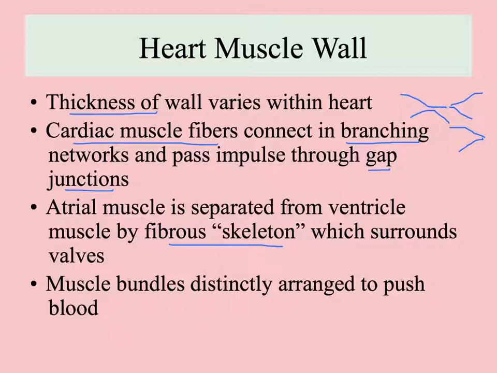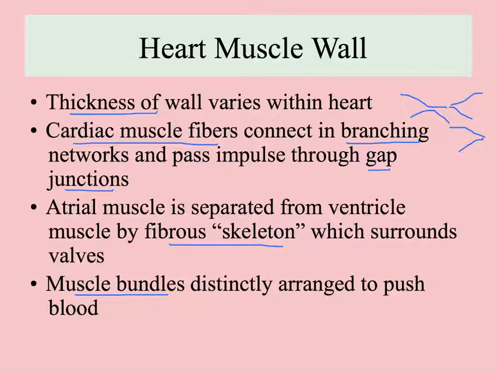And this is very important when it comes to the heartbeat itself and how the two sections of the heart contract. And also the muscle is arranged in this distinct fashion that allows the heart to push blood through because of how it squeezes, moving, so far as the ventricles are concerned, from the apex up in the contraction.